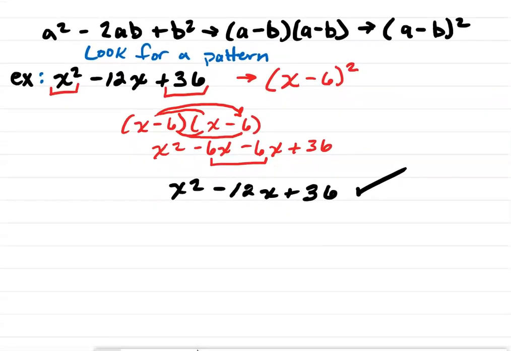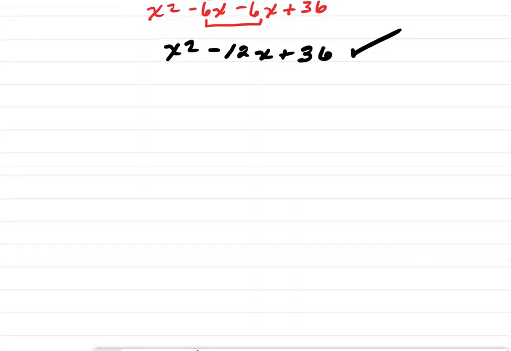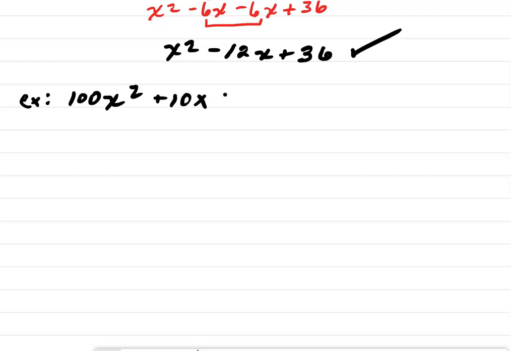Let's look at another one that might trick you into thinking it's a perfect square trinomial. 100x squared plus 10x plus 1. So if we were to look at the first term, yes, it's a perfect square.